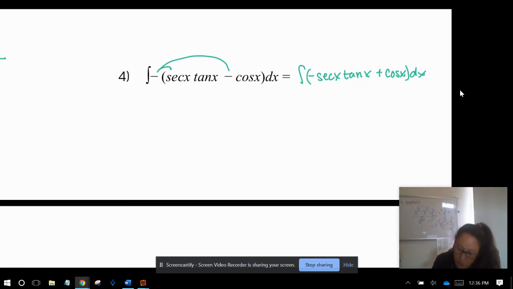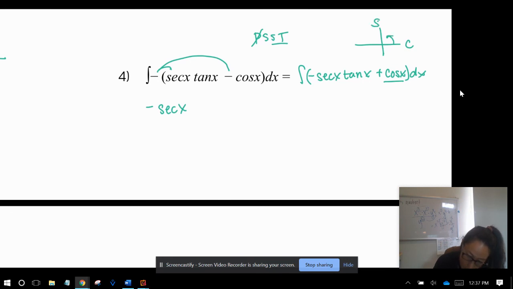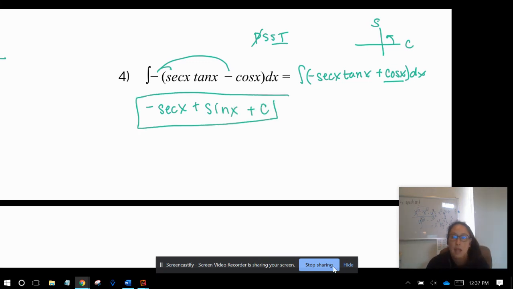And I remember that there's some relationship with secant tan. The antiderivative of secant tan is secant, but it's negative. So I get negative secant x. And the antiderivative of cosine is sine x plus my constant of integration. That's that.